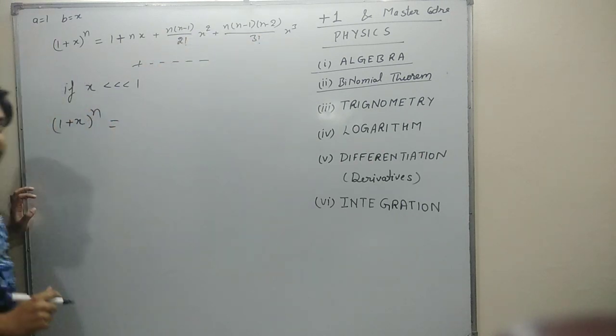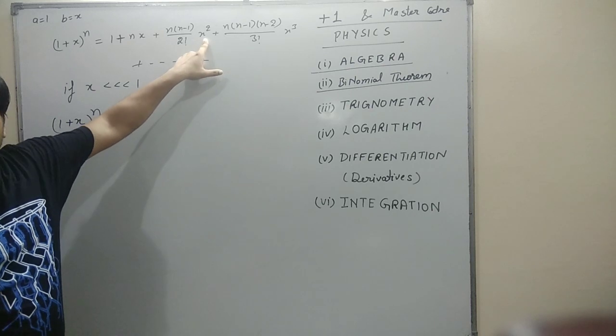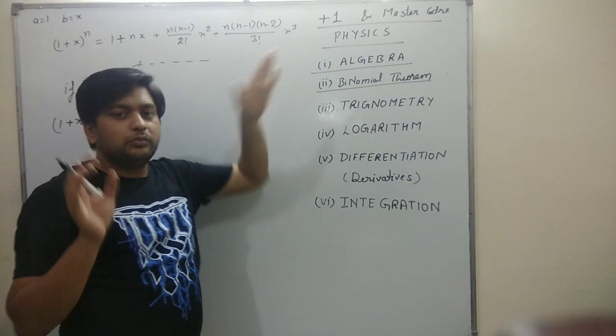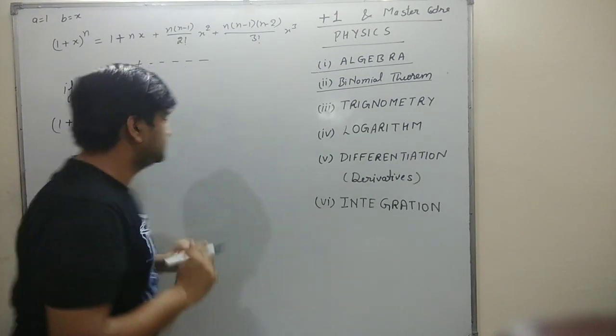These terms are very negligible, because the power of a very small number, that is less than 1, its square, cube and power 4 can be neglected.